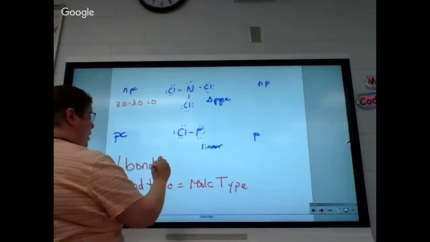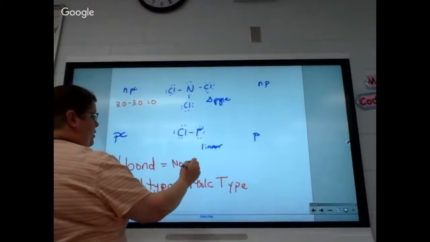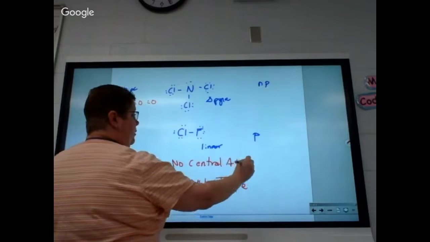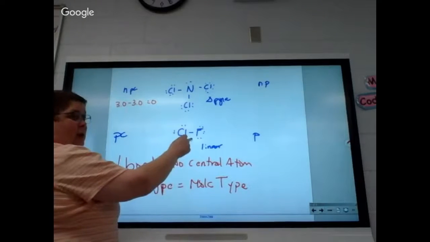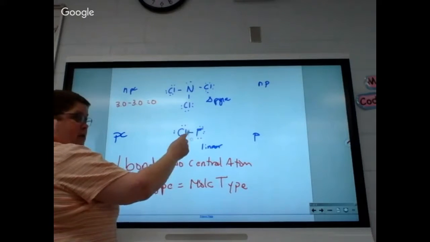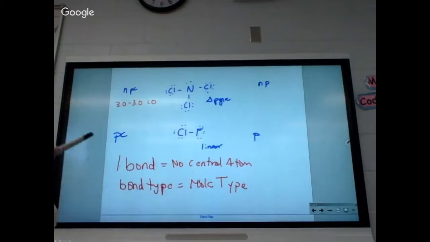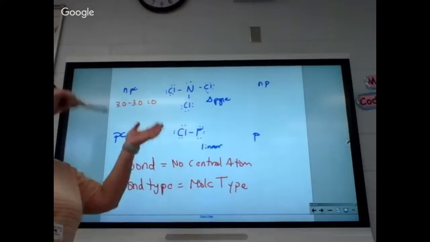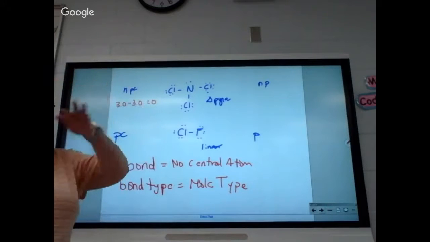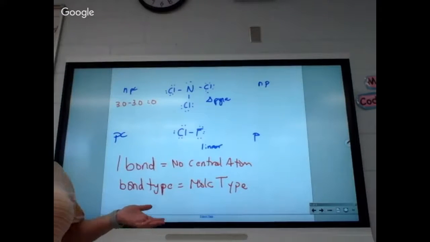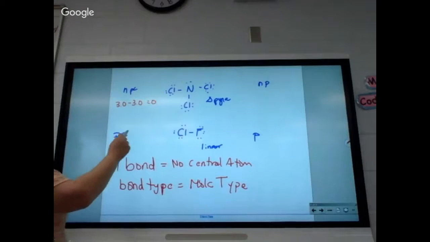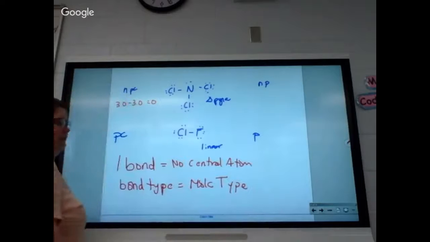Because if there's one bond, there's no central atom, right? Can we agree on that? So if there's no central atom, how would I decide how many dipoles there are and if all the dipoles are equal? There isn't a central atom to make sure all the dipoles are equal, so whatever this is, it's going to be the same there. The bond type will equal the molecule type.